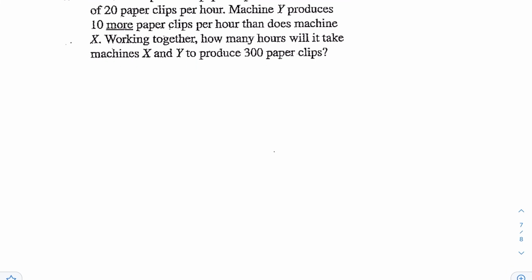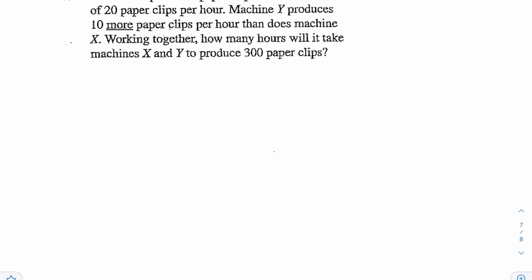All right, next for number 18. Machine X produces paper clips at a constant rate of 20 paper clips per hour. Machine Y produces 10 more paper clips per hour than machine X. Working together, how many hours will it take machines X and Y to produce 300 paper clips?